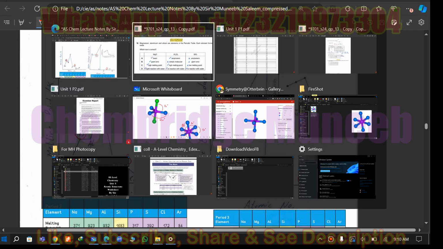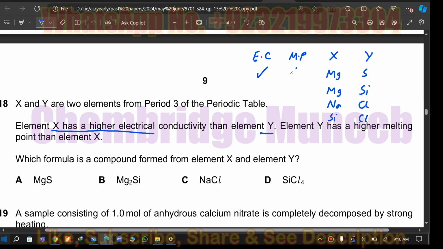So on this basis we can say that in terms of melting point, it is not the right relation or order. Now moving to the next combination of magnesium and silicon.